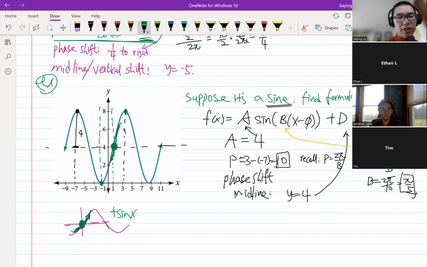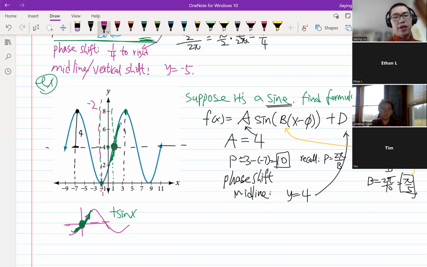So for this point, we want to know how much it has been shifted from the y-axis. Let's calculate this. From -7 to 3, that's a full period, 10 units. Halfway there, corresponding to the minimum, that's going to be -7 plus 5, so that should be -2. So let's just say this is -2. And then from -2 to 3, we need the halfway point because that's a point on the midline.